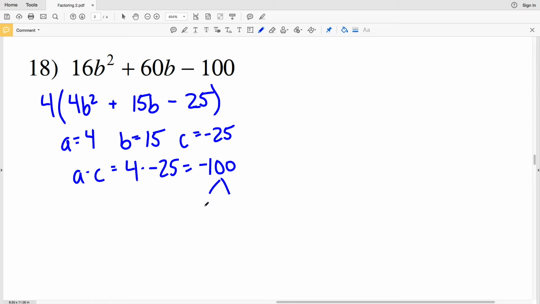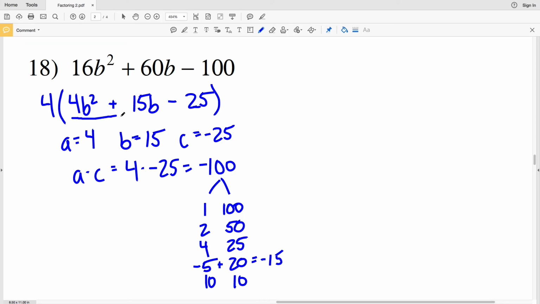My factors of 100 are 1 and 100, 2 and 50, 4 and 25, 5 and 20, and then 10 and 10. So which two of those multiply to give negative 100 and add to give a positive 15? That's going to be negative 5 and 20.